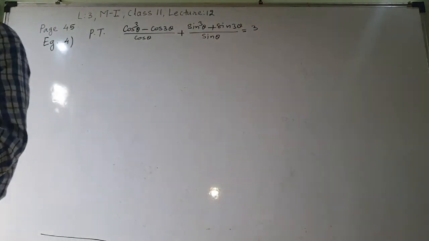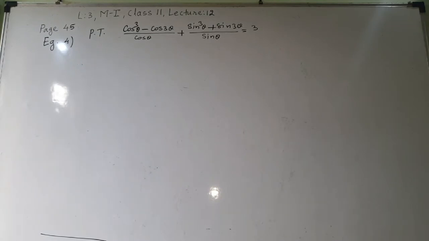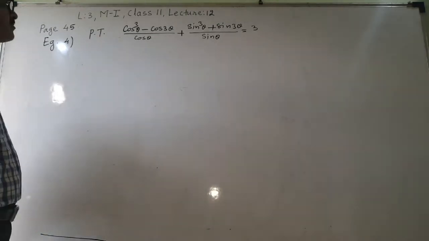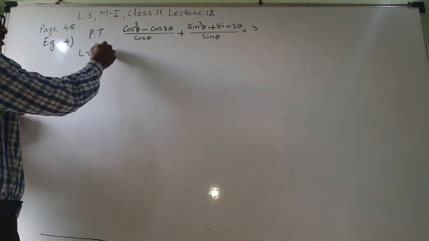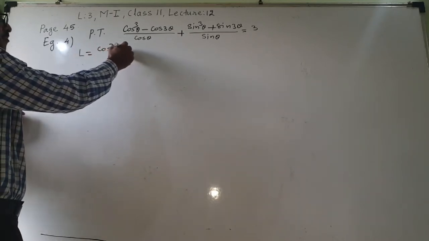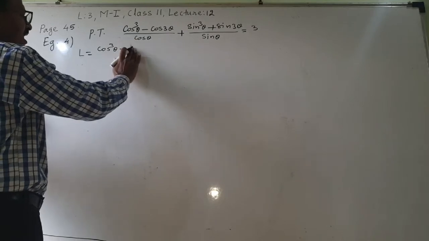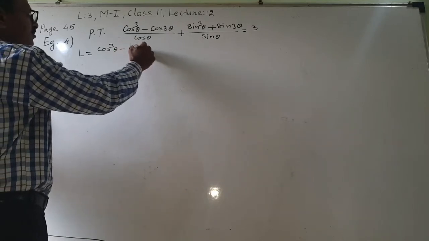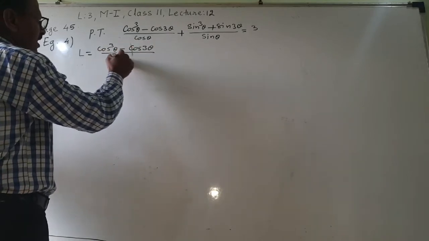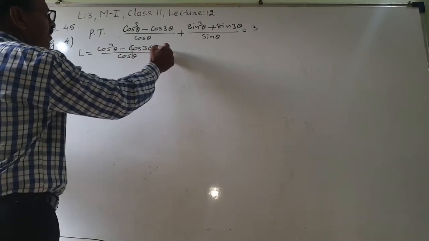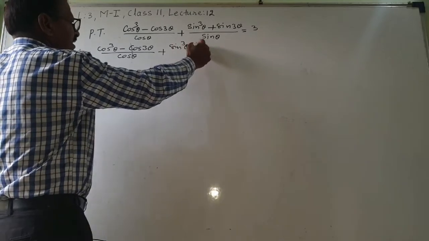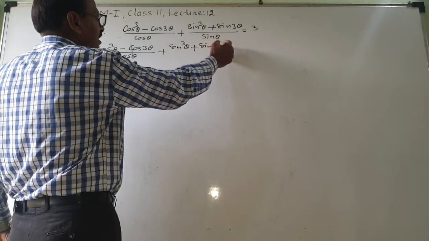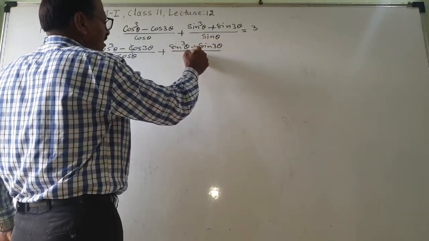Now in this sum what we can do is, first of all we will write LHS equal to (cos cube theta minus cos 3 theta) upon cos theta plus (sin cube theta plus sin 3 theta) upon sin theta.